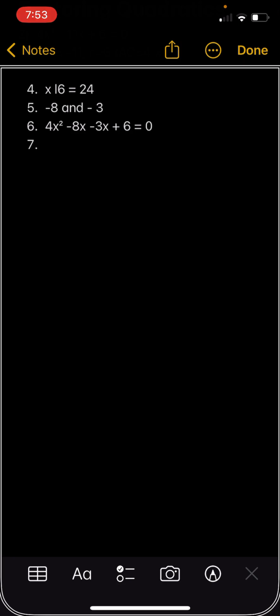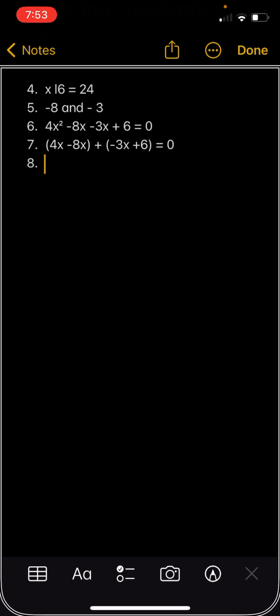We can go ahead and group those into two brackets, two binomials, as follows. So we have our two brackets there. In the first bracket we have 4x squared and negative 8x, and in the second bracket we have negative 3x and positive 6. So we need to factorize those two brackets separately.